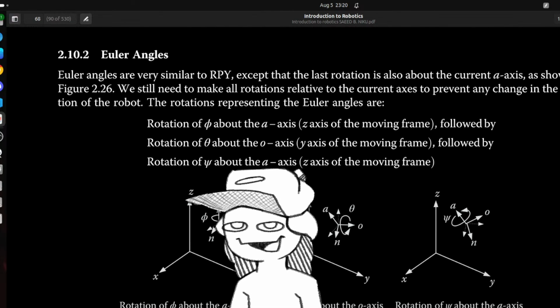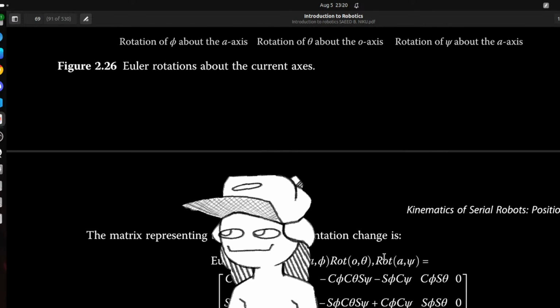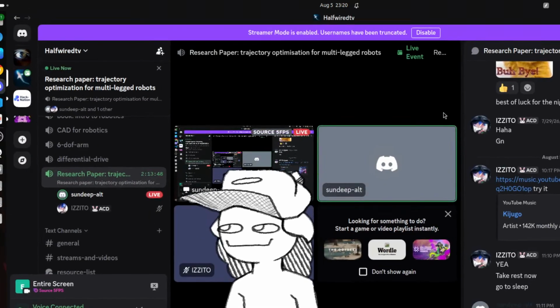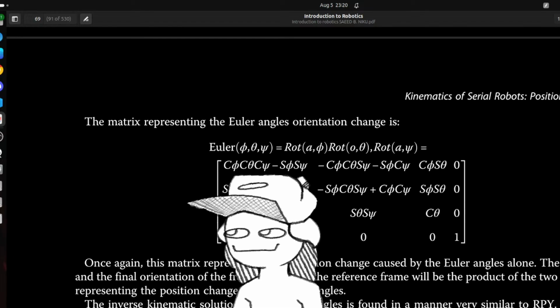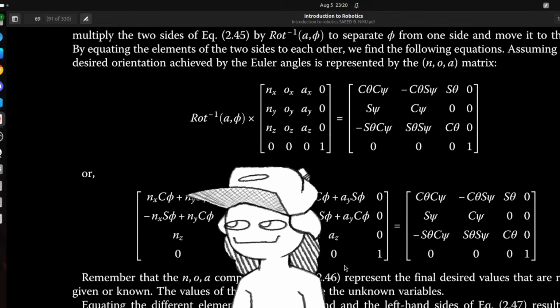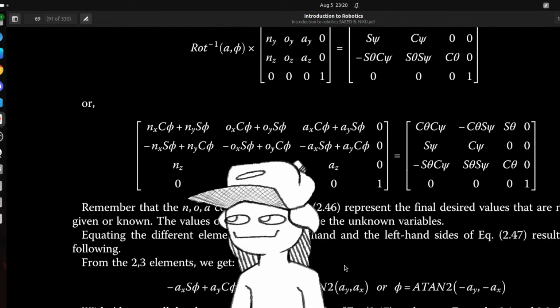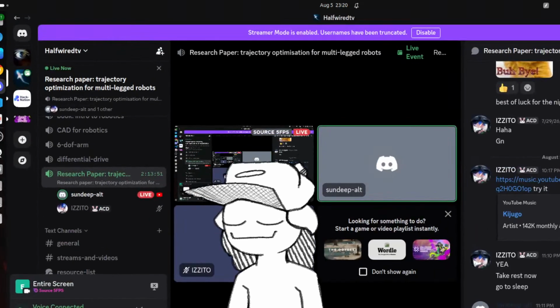What about A and then what about theta and also what about Y? Why? Why? I don't think I can process this right now. Okay, bye bye.